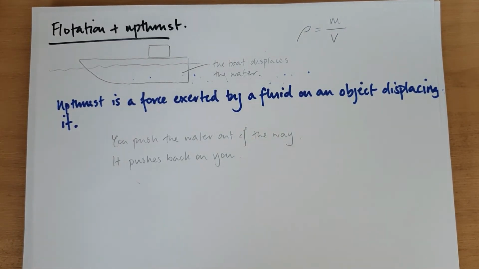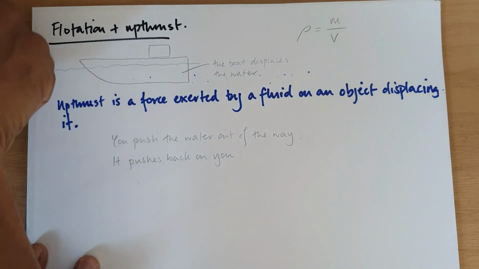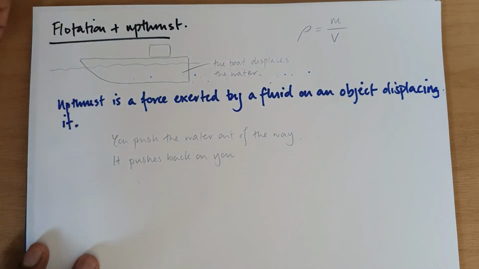In fact, it's not just an upwards force, but when we identify the upwards force, it's called upthrust, okay? And upthrust is essentially due to the volume of the liquid that you displace, okay? So I'm going to write down what we understand about upthrust.